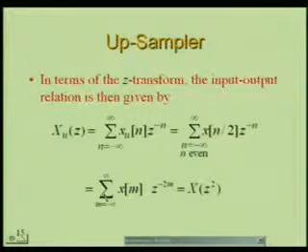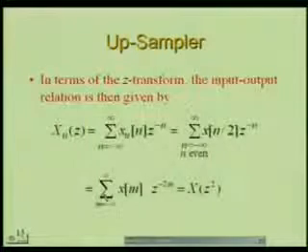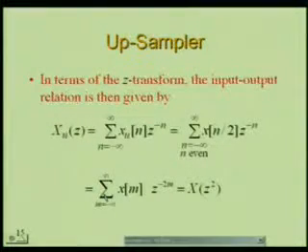It can be represented like this, n from minus infinity to infinity, the generalized version again. If you consider a fully right sided sequence, then the definition is different. This is for generalized signals, meaning both sided sequences: sum from minus infinity to plus infinity of x_u[n] z to power minus n.